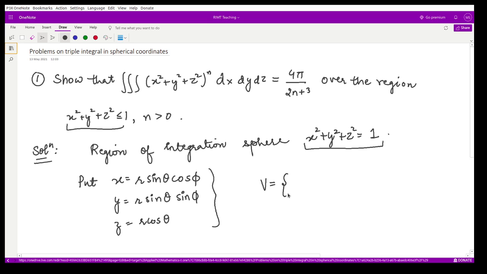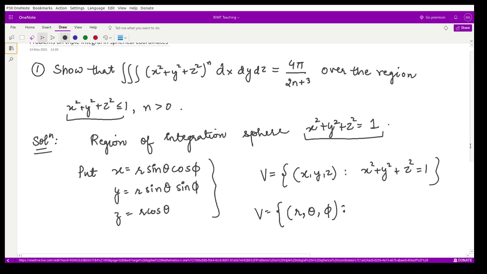For that we will define the region V as consisting of all the points x, y, z over which we perform the integration. But now our region will consist of all the points r, θ and φ.